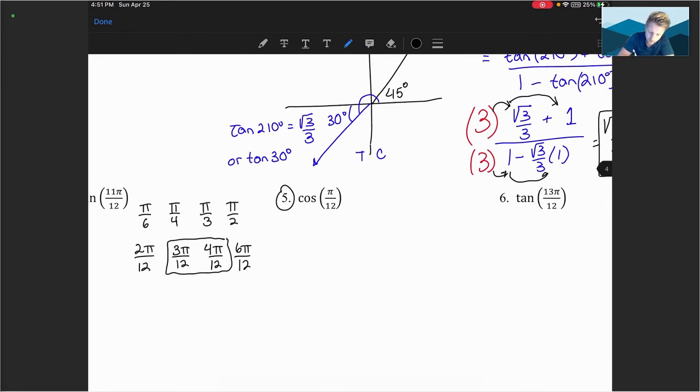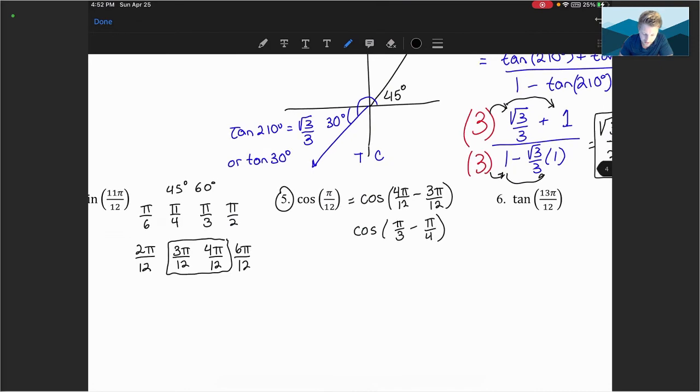So I could rewrite this expression as cosine of 4 pi 12ths minus 3 pi 12ths, which I know is equivalent to pi over 3 minus pi over 4. Or we could represent those as 60 and 45 degrees. So remember that these are 45 degrees and 60 degrees if we're in degree mode. So we'll carry this through with some radian calculations just so we get used to working with those.